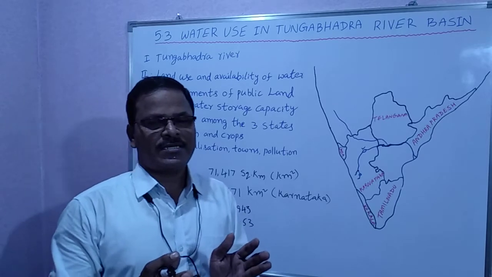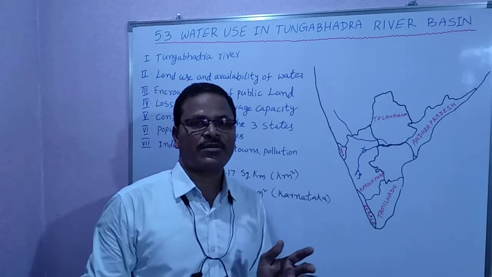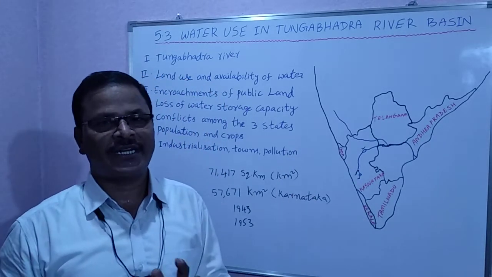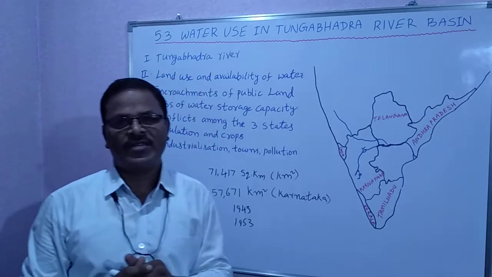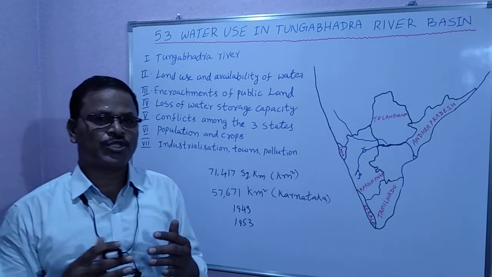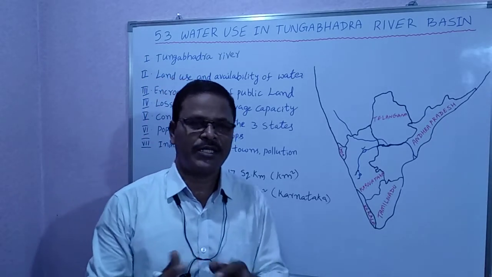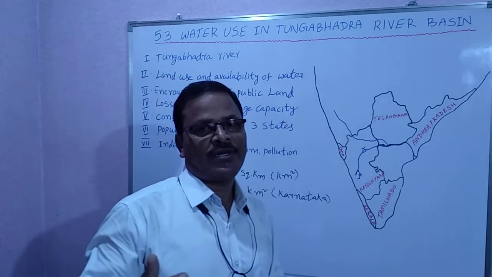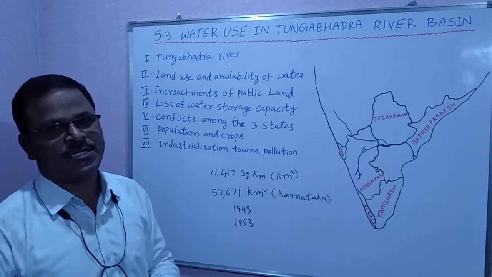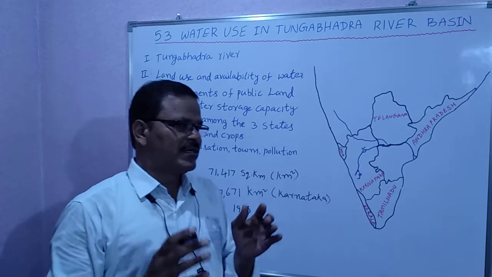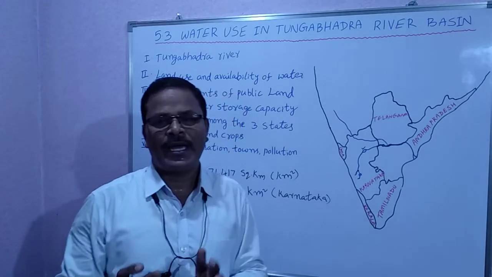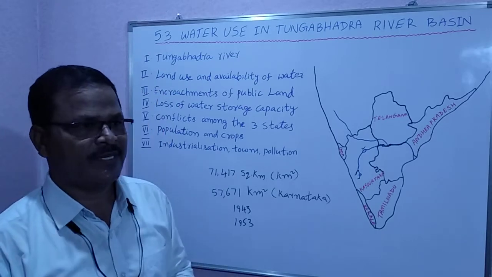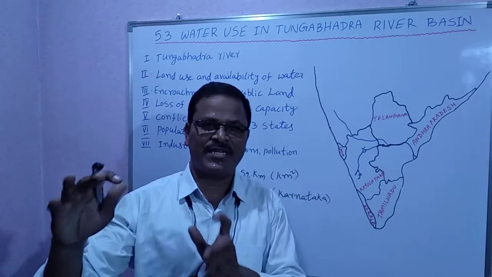In some areas, the catchment area is covered with tanks. These tanks are useful to store water and to make irrigation facilities to the fields in small extents. Some regions have canal irrigation facilities.